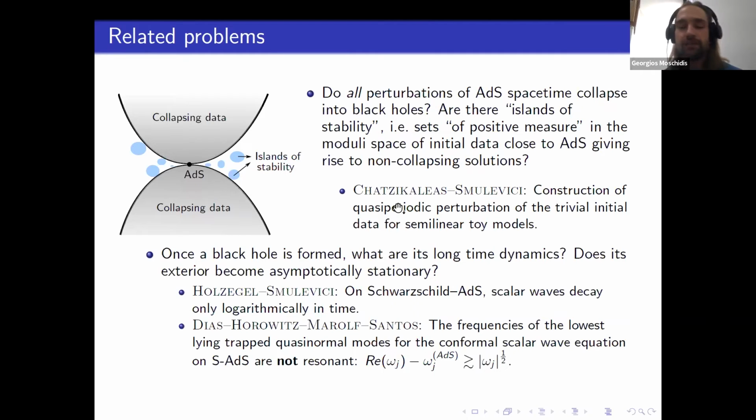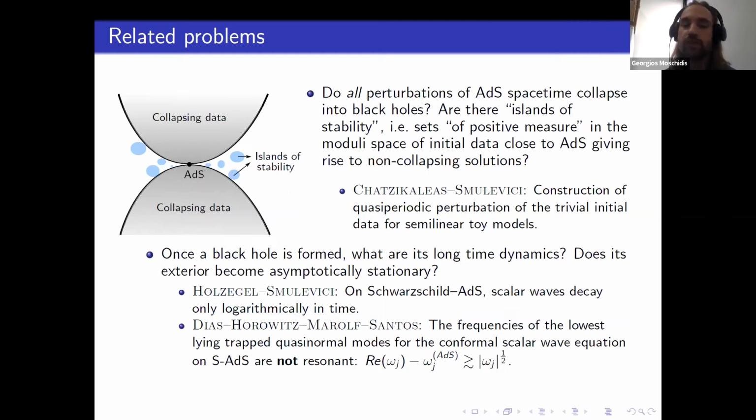The analog of that result in the case of the Einstein equations would be that there exist special quasi-periodic solutions which can be arbitrarily small initially. But whether these actually occupy a set of positive measure in the space of initial data is a different question that I'm going to discuss later.